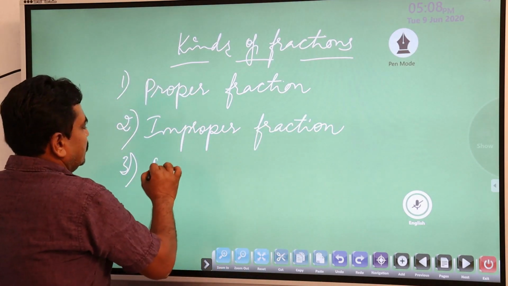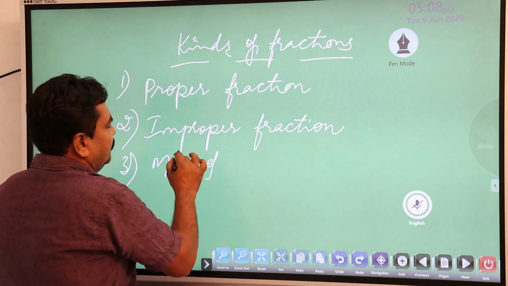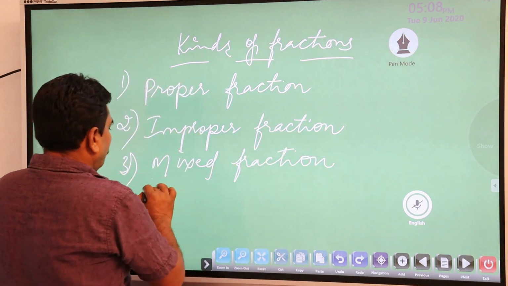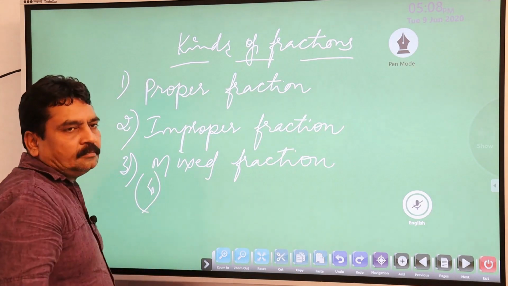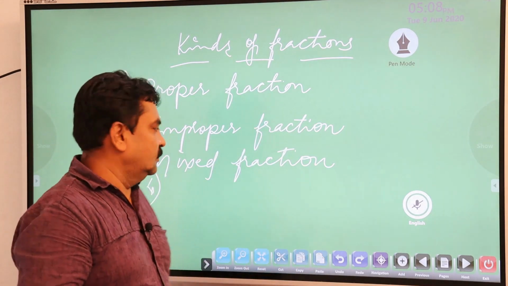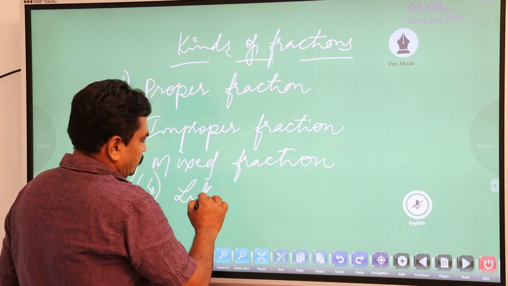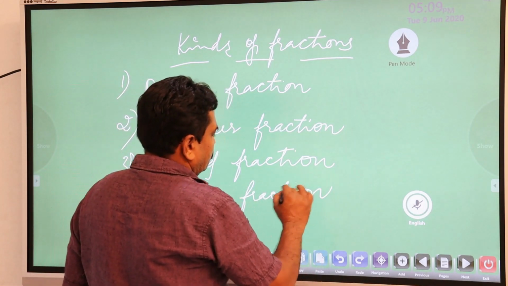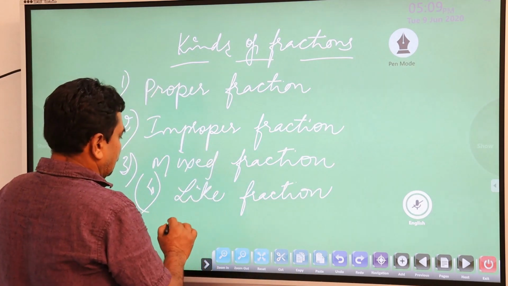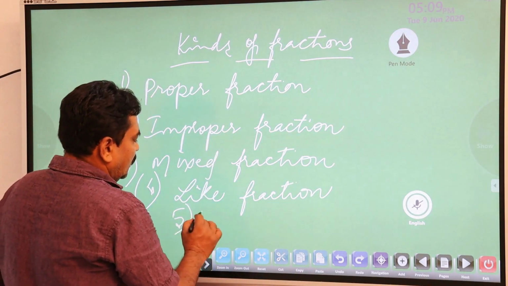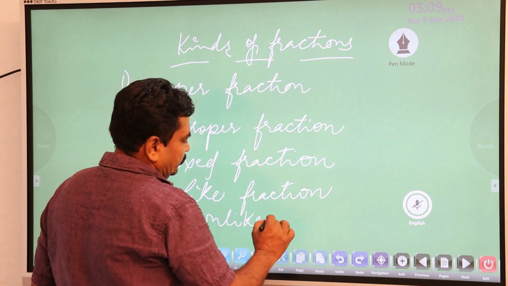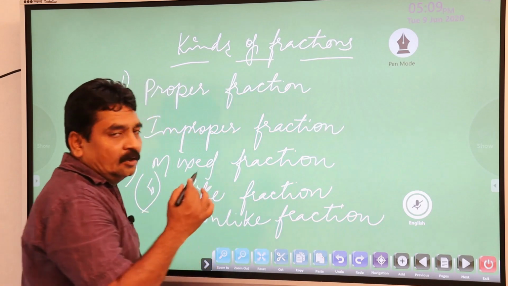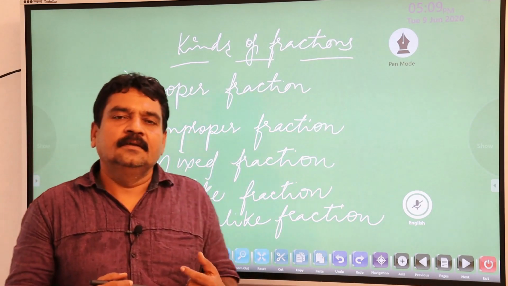Third one, you call it a mixed fraction. Fourth one, you call it like fractions. And fifth one, you call it unlike fractions. You please write down these kinds of fractions.